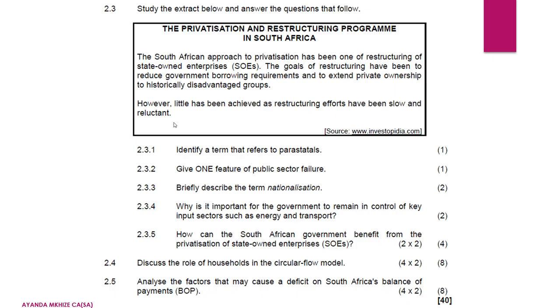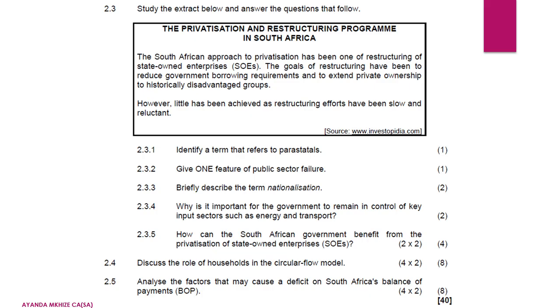Right. So what do we understand from reading the scenario? They are saying that when the government decides to privatize the state-owned enterprises, it is one of the restructuring methods. The reason they are privatizing the SOEs is that they want to reduce government borrowing. That means there will be a cash injection coming from these private companies and they would not need to borrow more money.